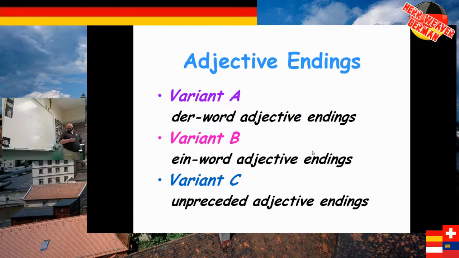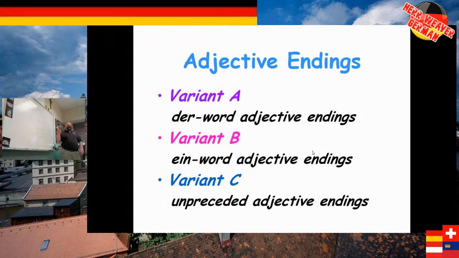For masculine, it's up here so it's clear. Nominative, accusative: it's E, E, E, E-N.